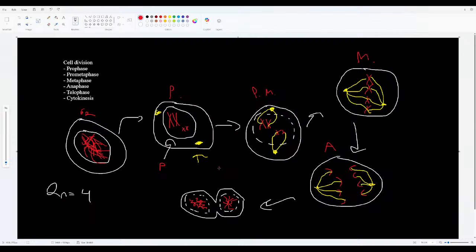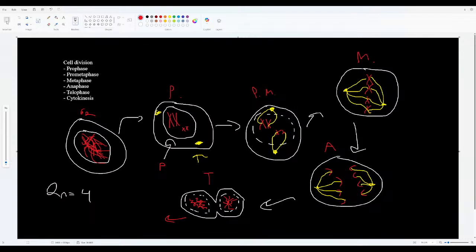We're going to decondense them, and we're going to pinch off the cell membrane here at the center. We're thus going to create 2 new cells. So this is telophase, and then we move on to cytokinesis.